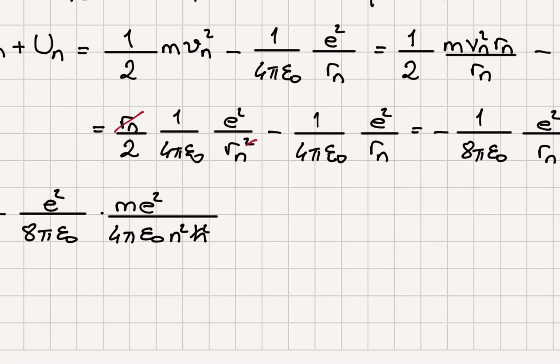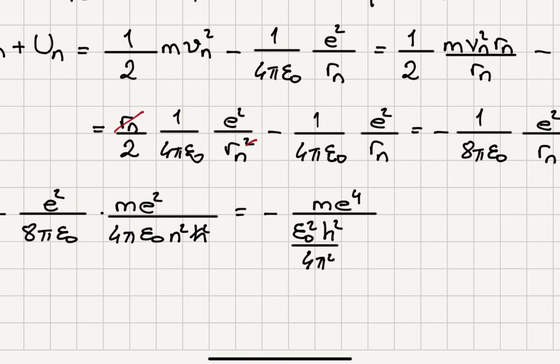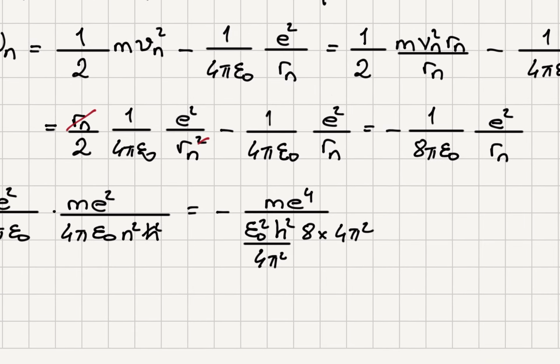And this will give us minus m e to the fourth power divided by epsilon 0 squared, and we have h bar squared is h squared divided by 4 pi squared, and then we have 8 times 4 pi squared, and then we have 1 over n squared.